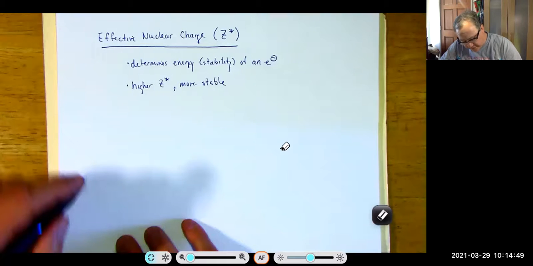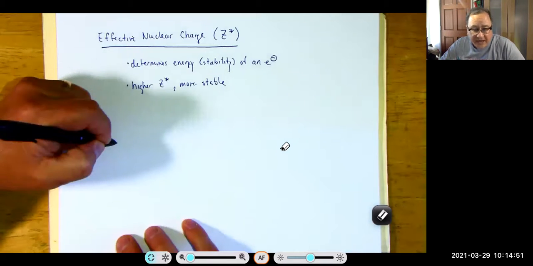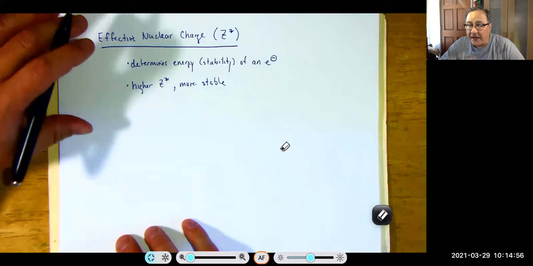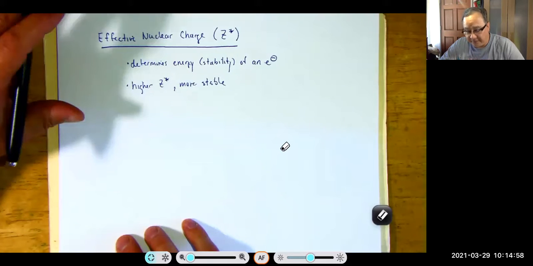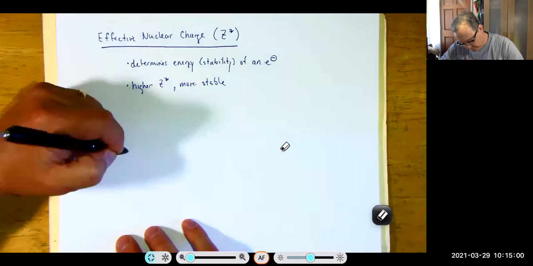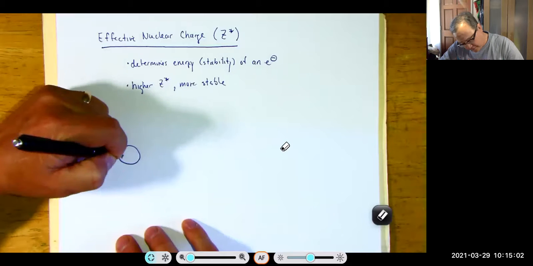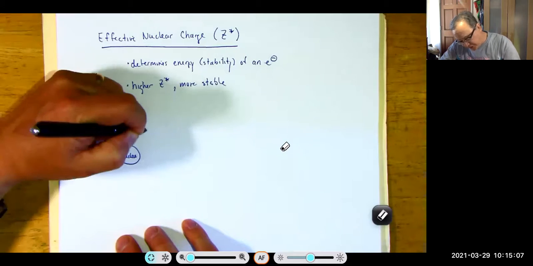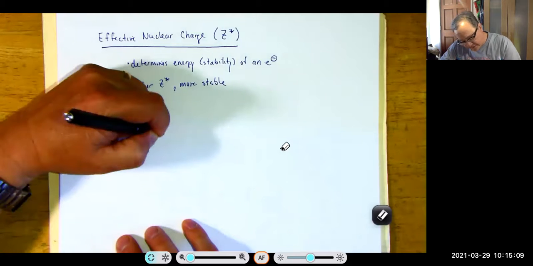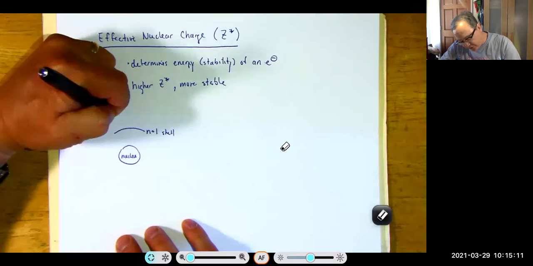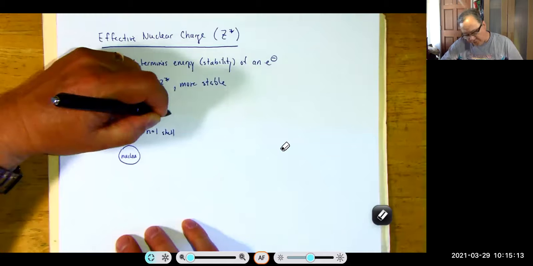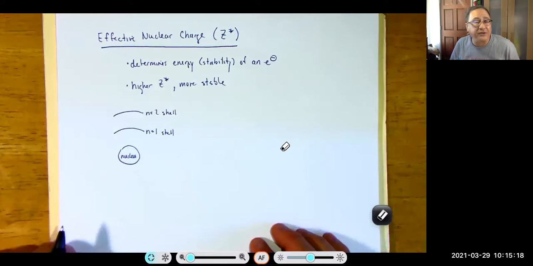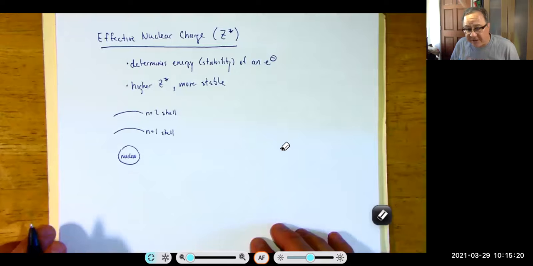So this is going to look like a Bohr atom, but it's really supposed to be a Schrodinger atom, and I don't want to try and draw spheres, okay? So here's the n equal 1 shell, and here's the n equal 2 shell, and so forth.